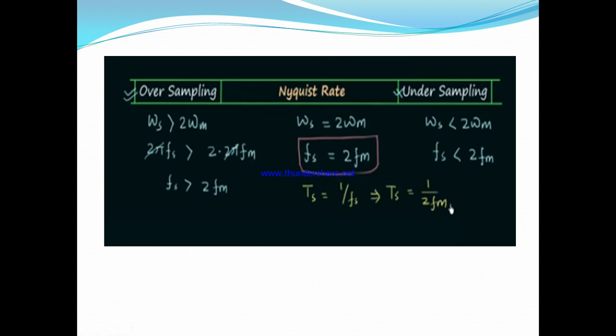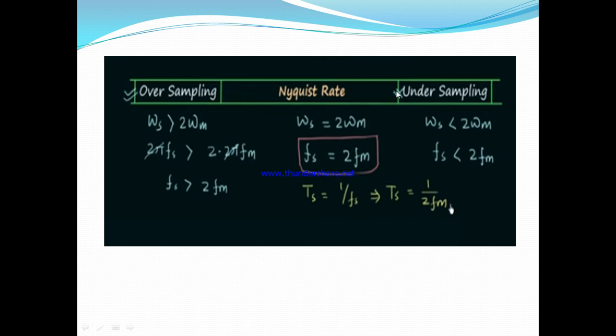Under oversampling, omega s, that is 2 pi fs, is greater than 2 into 2 pi fm, where omega m is 2 pi fm. So fs is greater than 2 fm.